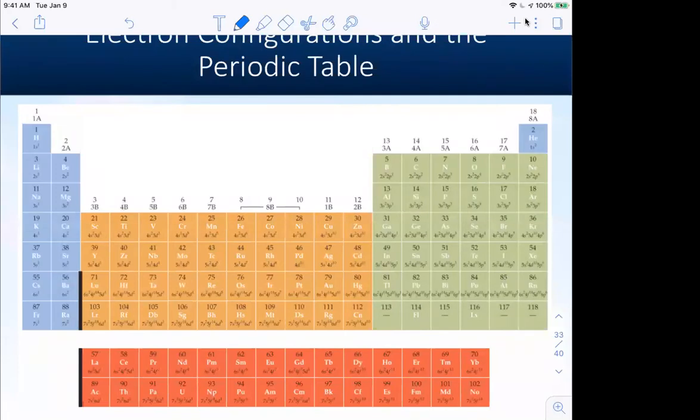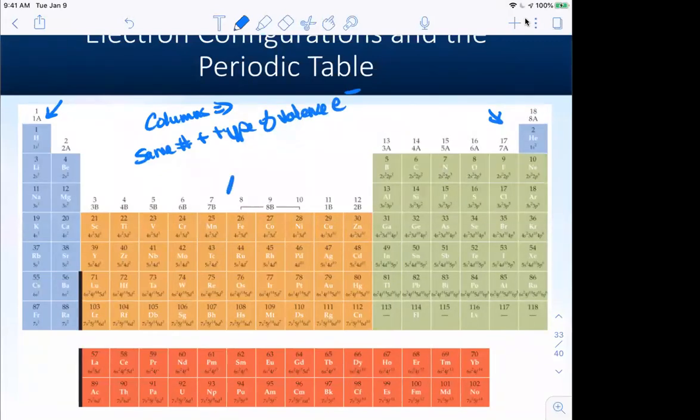And any column is going to have the same number and type of valence electrons. And then we're also going to look at the transition metals, which are the D electrons, but we're really not going to worry about those too much for this particular class.